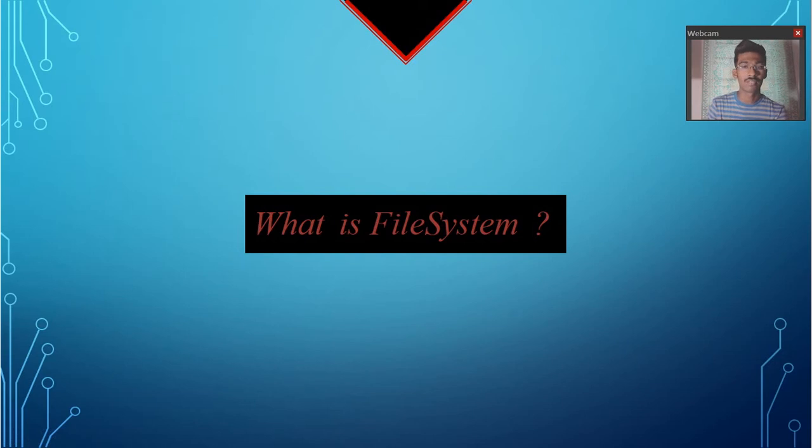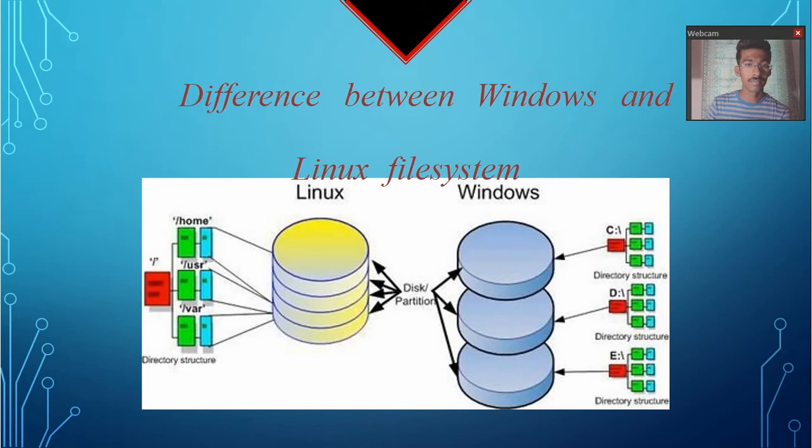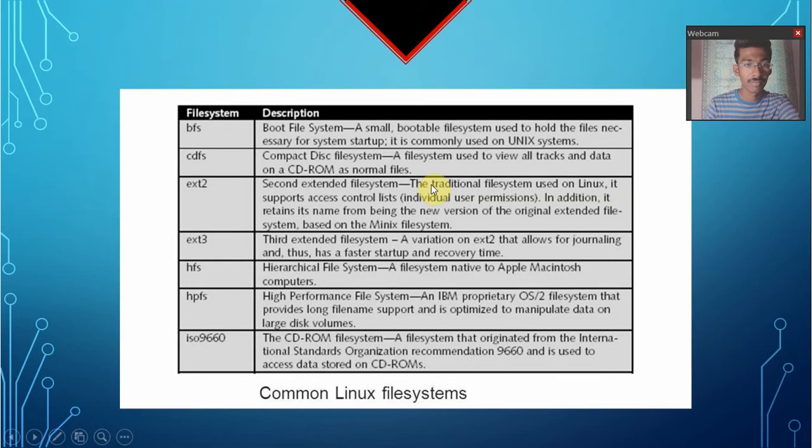So what is a file system? There are different types of file systems for different operating systems. First we'll look at the difference between Windows and Linux file systems.